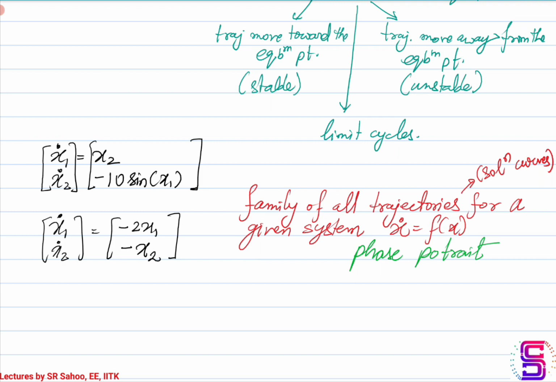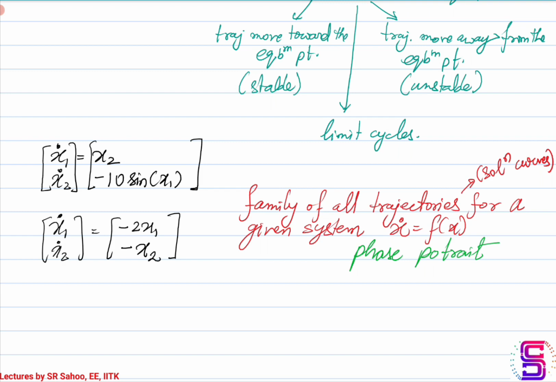So if I give you a trajectory, you will not be able to tell what the solution is going to be. When I say solution, you essentially associate time as well. At a particular t, what is the value of x? That is what the solution is.